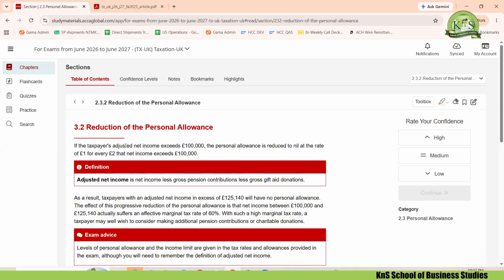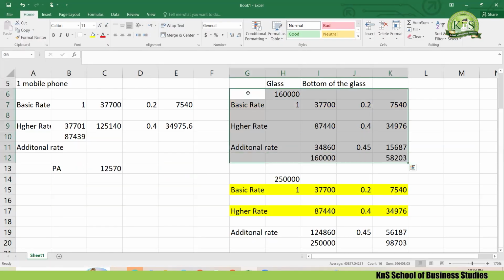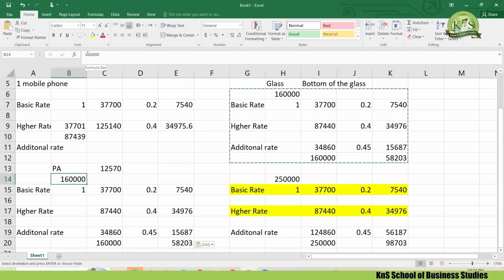If the taxpayer's adjusted net income exceeds 100,000, your personal allowance will start to reduce by half. Now I'm going to change this. Let's suppose my income is not 160,000, it is just 60,000.